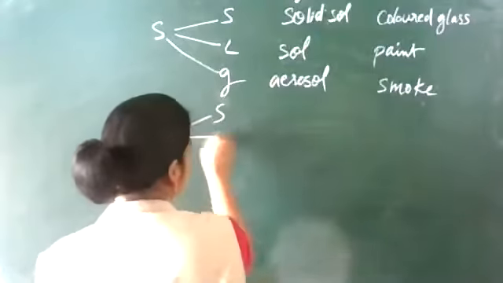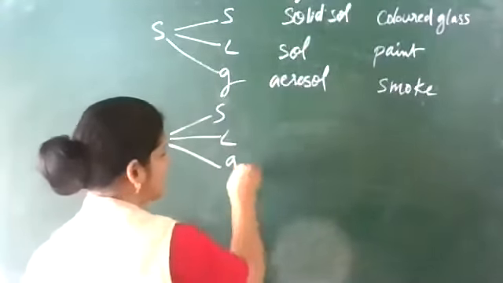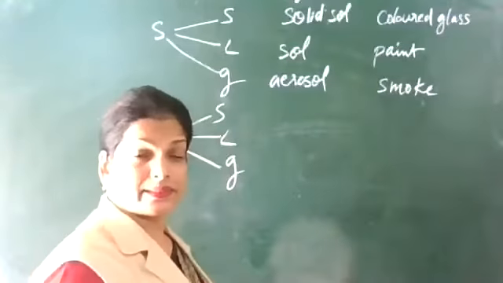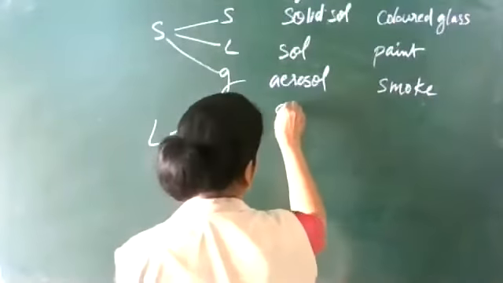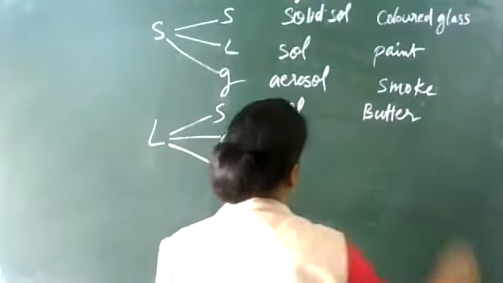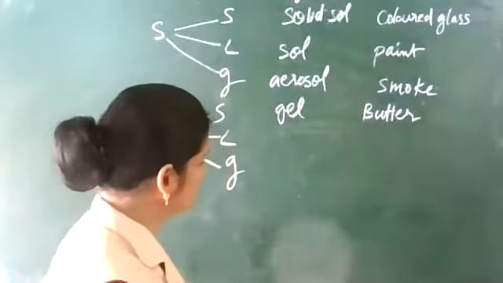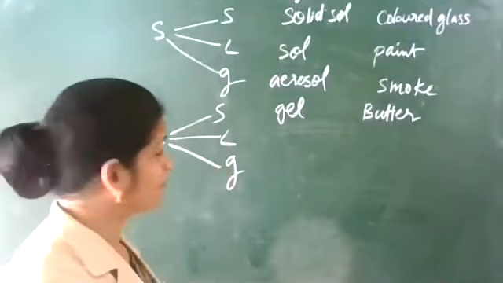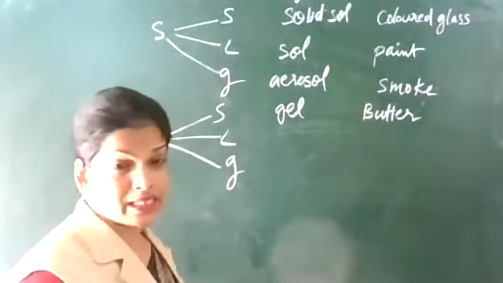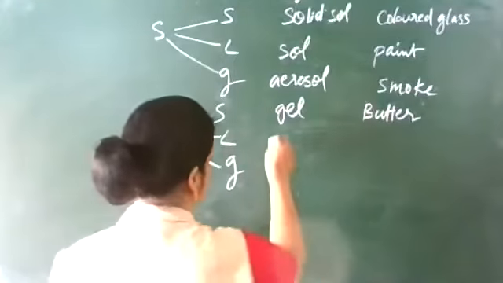Now, liquid in solid, liquid in liquid, liquid in gas. Liquid in solid is called gel. Examples: butter, cheese, hair cream. Liquid in liquid is called emulsion. That's an important category.